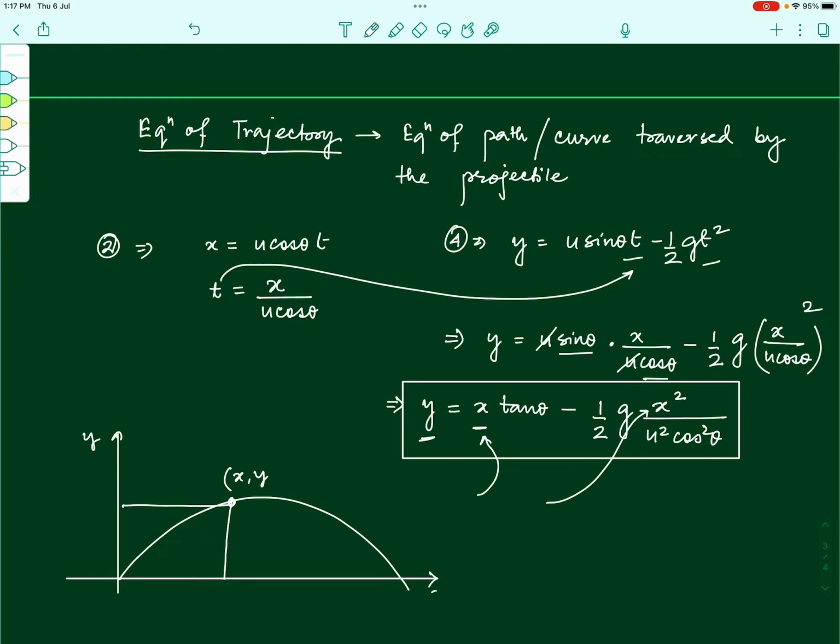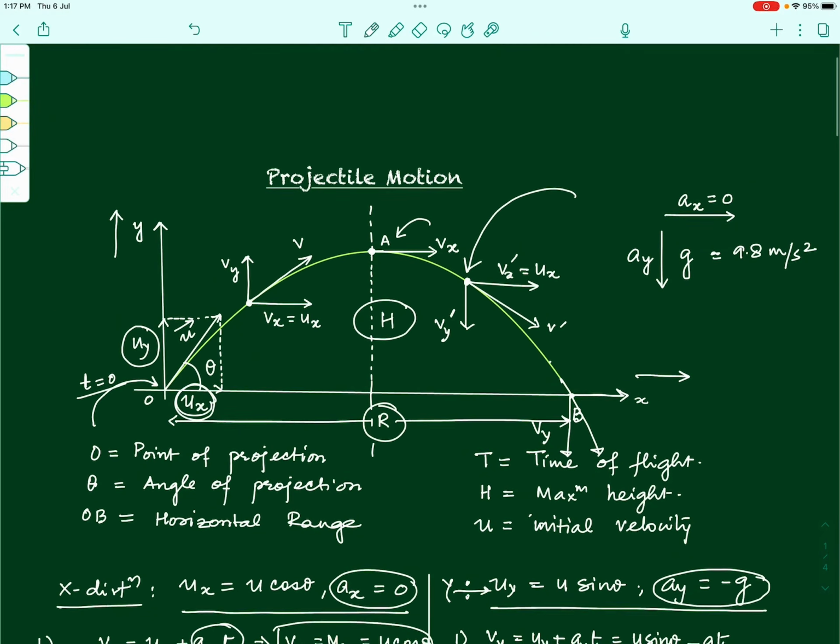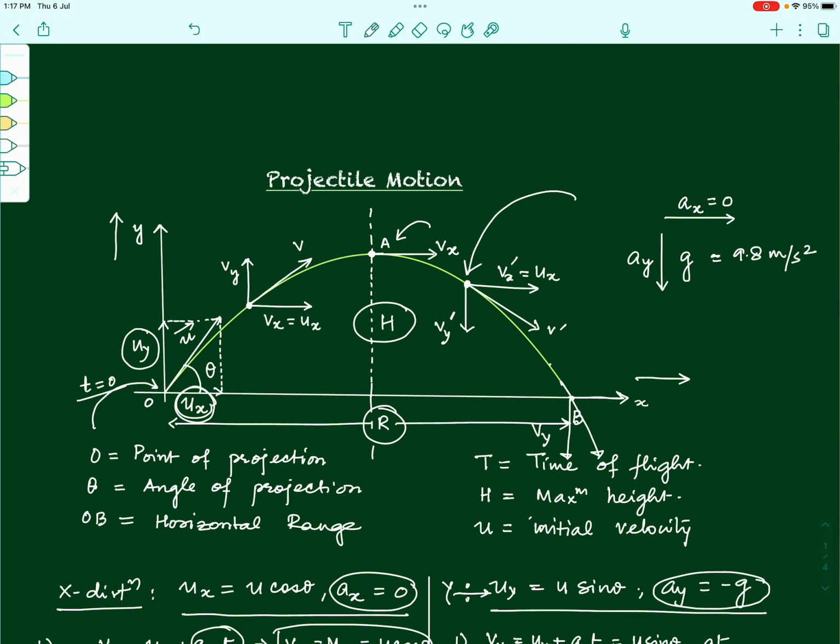In fact, if we go back to the original figure, there is an interesting task that you can do with the equation of trajectory. Do you see that the point A will have an x coordinate of R by 2? This lies just in the middle of the total horizontal range, isn't it?